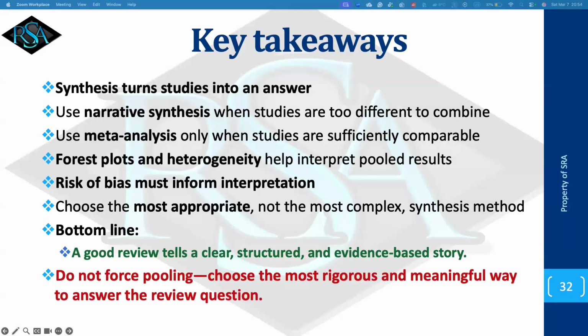Use meta-analysis only when studies are sufficiently comparable. Forest plots and heterogeneity help interpret pooled results. Risk of bias must inform interpretation. Choose the most appropriate, not the most complex synthesis method. Bottom line, a good review tells a clear, structured, and evidence-based story. Do not force pooling. Choose the most rigorous and meaningful way to answer the review question.